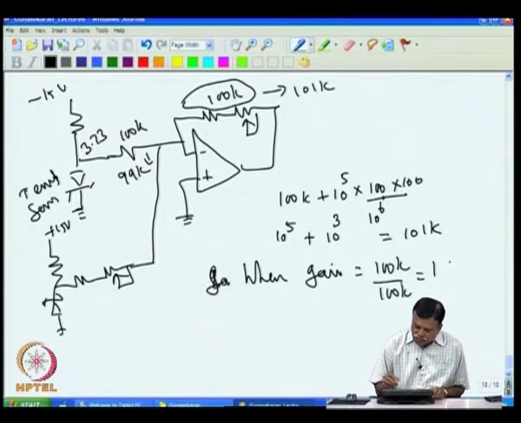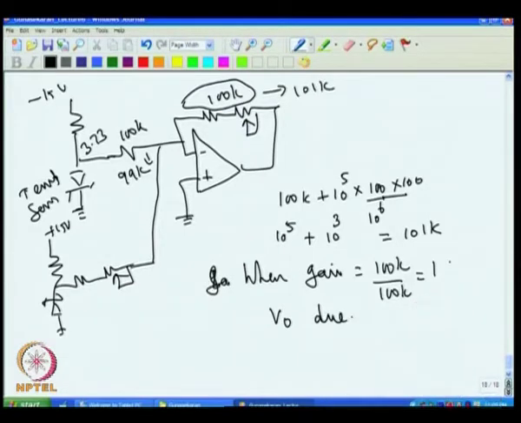The output contribution Vout due to the sensor becomes 3.73, because the gain is 1.